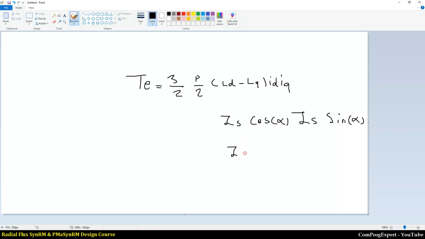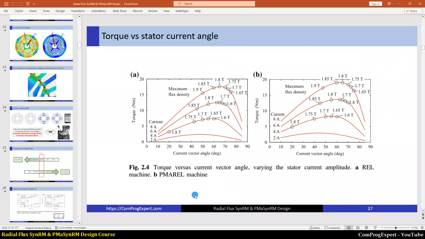So we can write IS to the power 2 divided by 2, and this is sine of 2 times alpha. We have the maximum value for this expression when the value of alpha is equal to pi divided by 2. But this is for the linear case, when we neglect the magnetic saturation. So in this case, the maximum average torque occurs when the current angle is equal to 45.